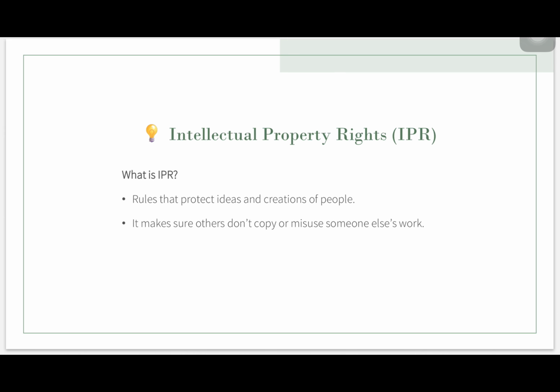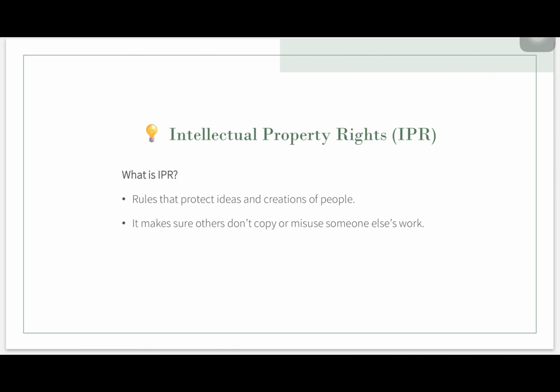Now, intellectual property rights means IPR. What are these IPR? Rules that protect the ideas and creations of people. It makes sure others don't copy or misuse someone else's work.